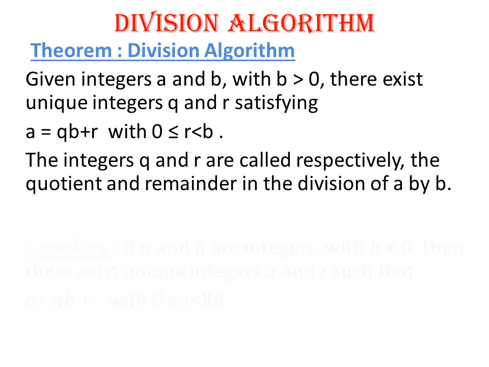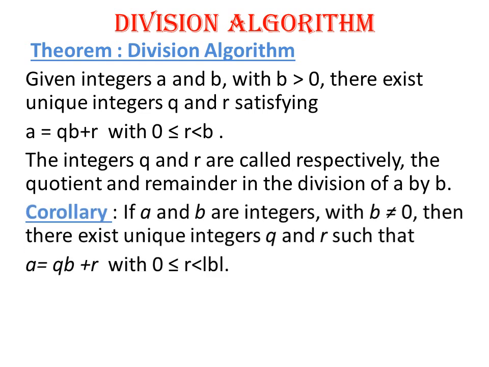The corollary based on this theorem is the same, just the difference is that in the theorem we have assumed the value of b as a positive integer, that is strictly greater than 0. In this corollary we are assuming the value of b as just non-zero, that is, b can be negative as well.